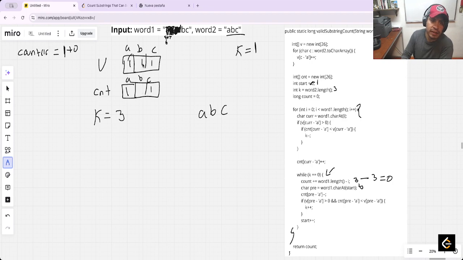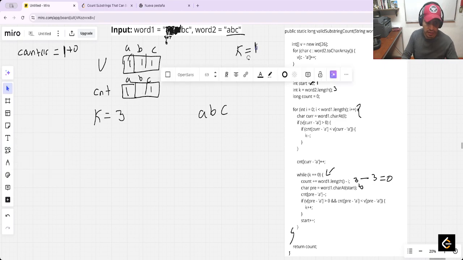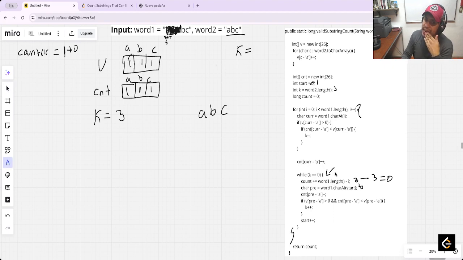Let there be appear here, enable, yeah, here it's minor than this. Okay, this reducing 1, reducing 1, increasing 1 in here, and start advance to the next. Yeah, now it's 2, k is equal 0.